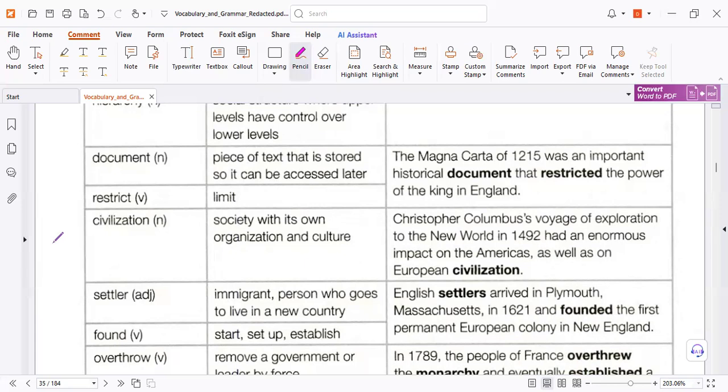Overthrow: remove a government, either by force. In 1789, the people of France overthrew the monarchy and eventually established a republic.